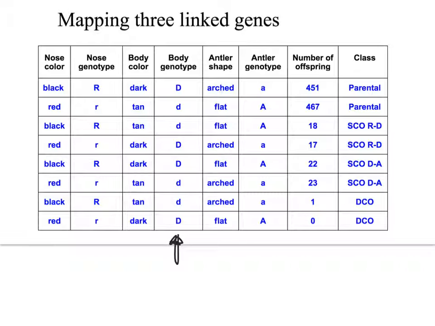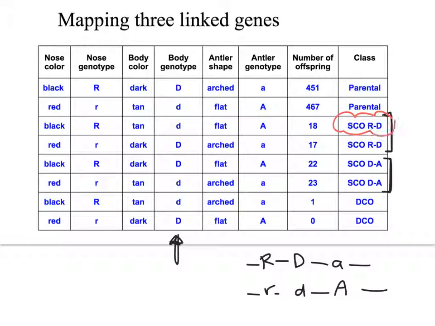The other thing you'll notice is that we can identify that there are single crossing over events between R and D and between D and A. If we've got D in the middle now, and you think about what your parent looked like a minute ago, a single crossing over event here must be between R and D, so that would be something like that.